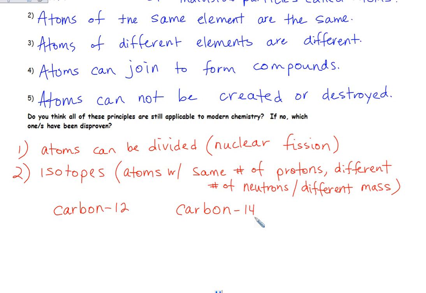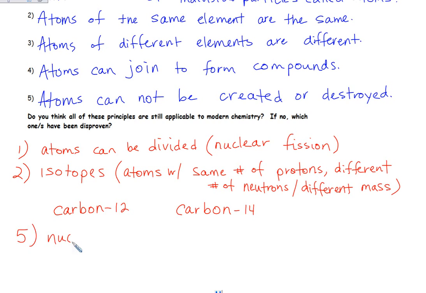But I think we kind of hinted at 5. Atoms cannot be created or destroyed. Well, if you're thinking of nuclear fission, dividing an atom, you're kind of destroying it. It's not in the same form as it originally was. So let's take issue with 5.